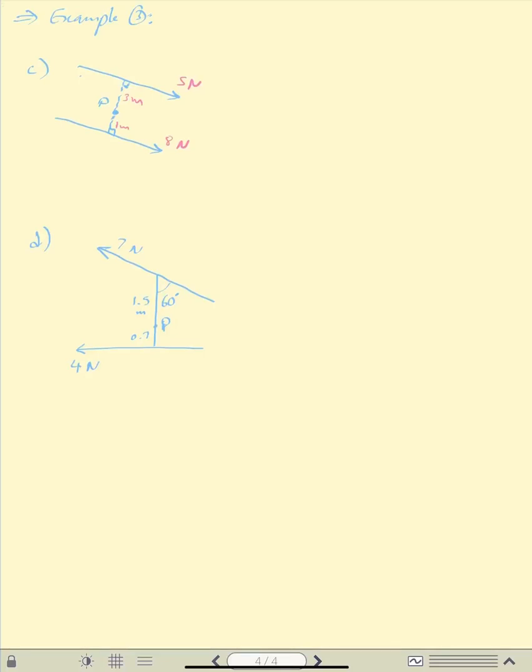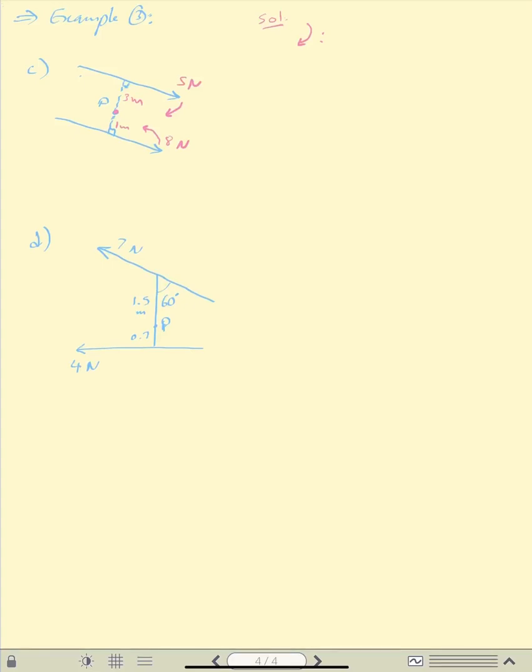Last two parts for today in this example. I just give you varied types of examples. So these are two forces in this direction and this P is between them. So the first step, dear students, show the direction. Then you come here to find the sum. First step you do clockwise. Which one is the clockwise?